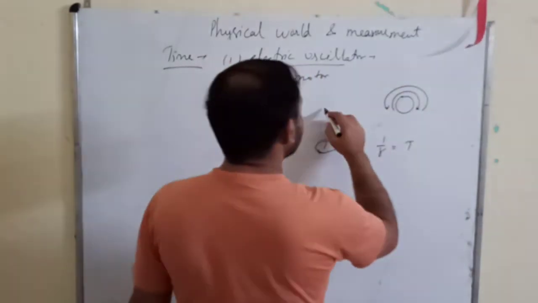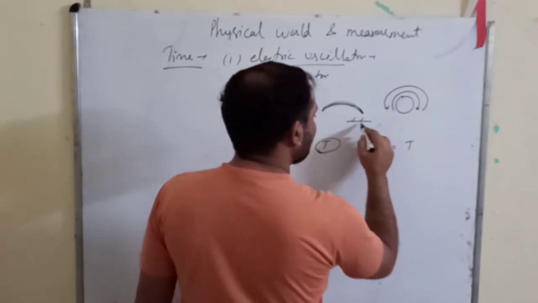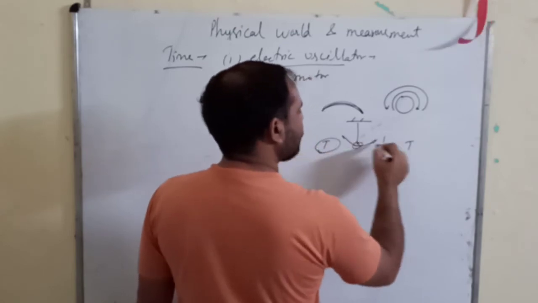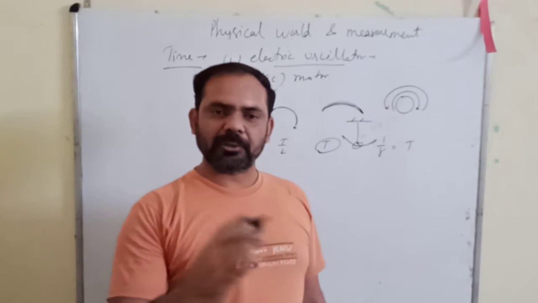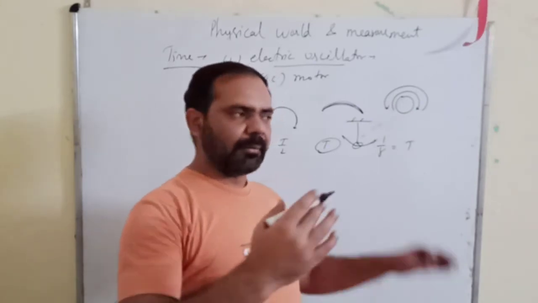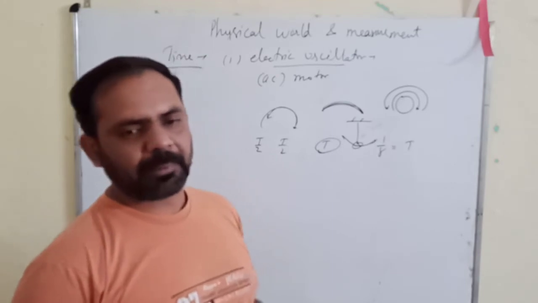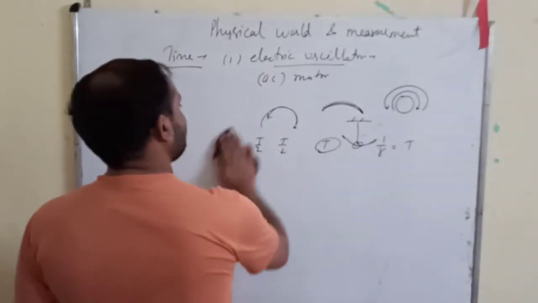It is like a pendulum. This way the motor will oscillate, and with the help of that oscillation you can measure the time. It can work like a pendulum and the time can be measured. So the first one is the electric oscillator.